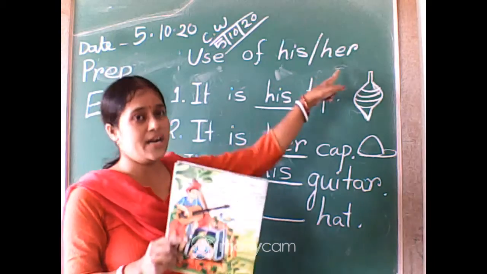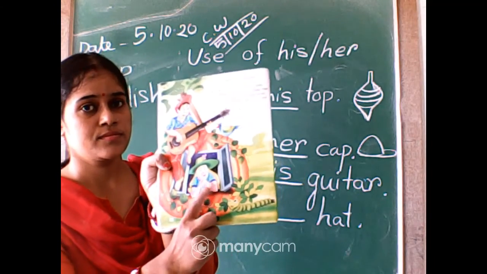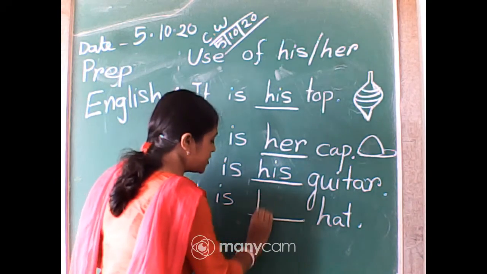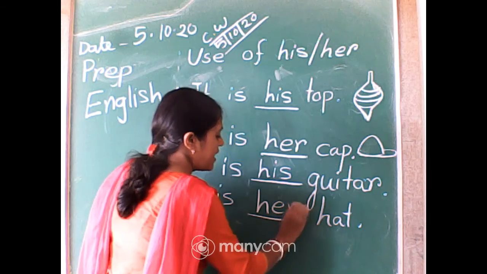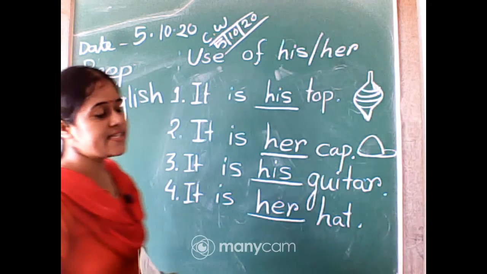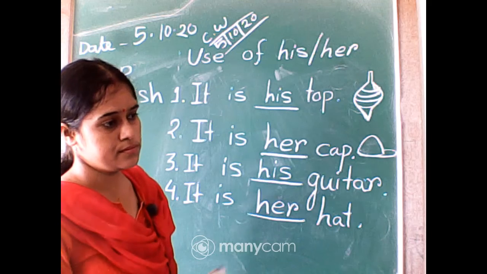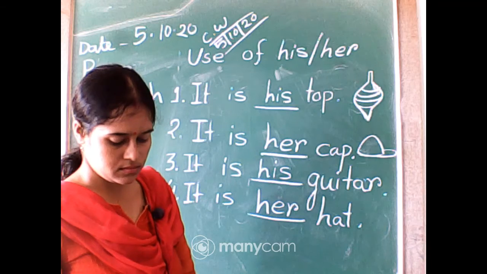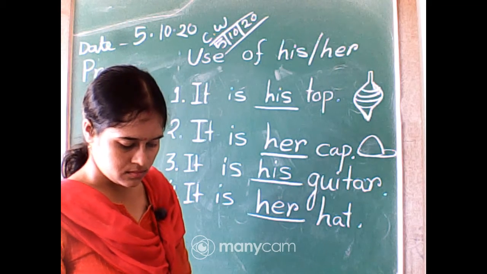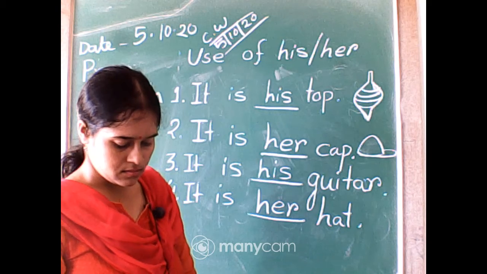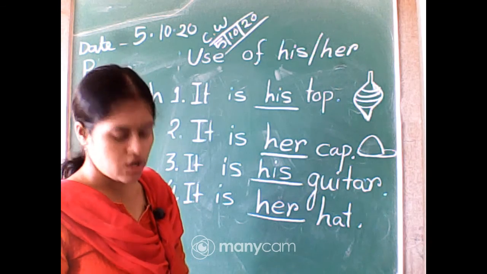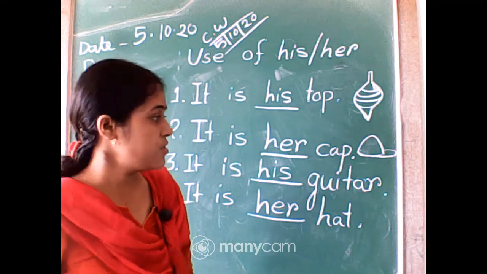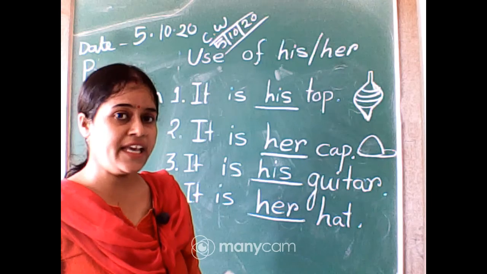His or her. She is a girl, so you use her. It is her hat. H-E-R, her hat. It is her hat. Okay, you write these 4 sentences in your notebook. Your writing is completed.